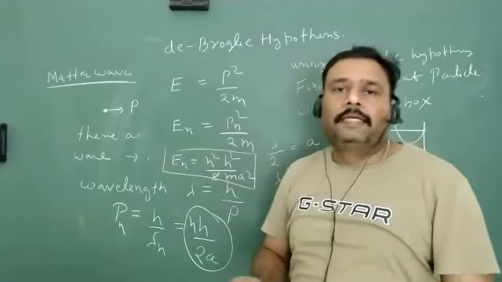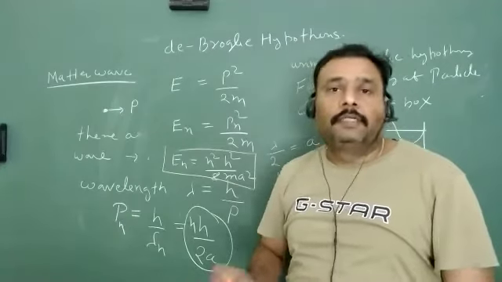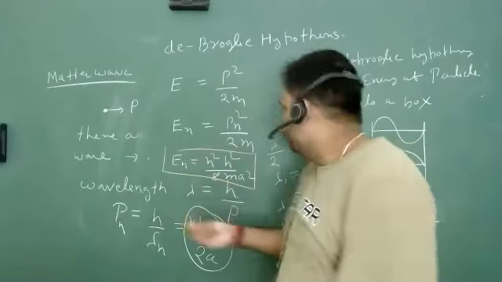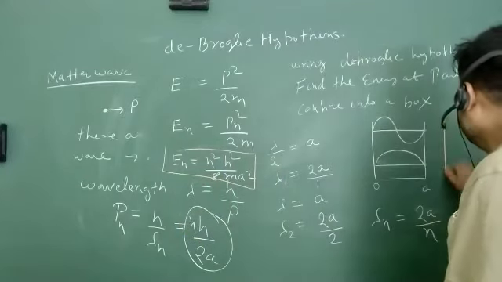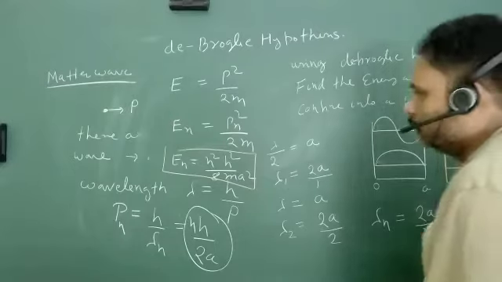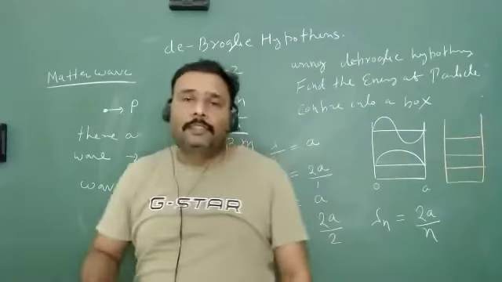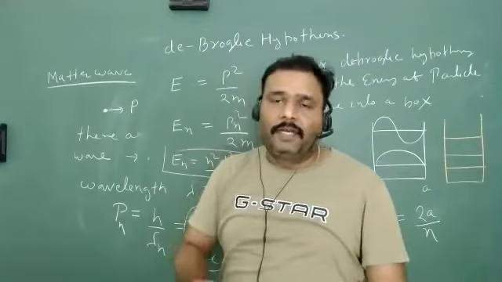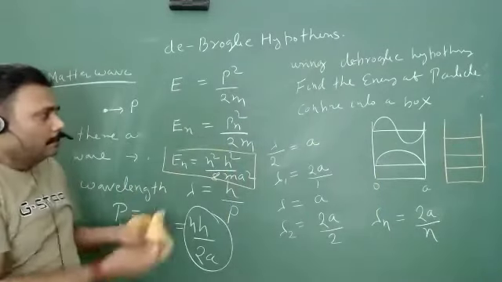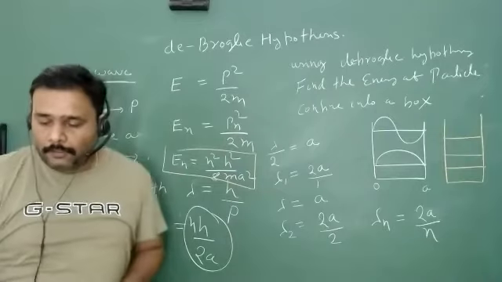Means E naught is there, 4 times E naught is there, 9 times E naught is there, only these values are there. So again you can see that according to de Broglie, the energy of the particle in the box is also discrete in nature. And this is the wonderful expression you can find.